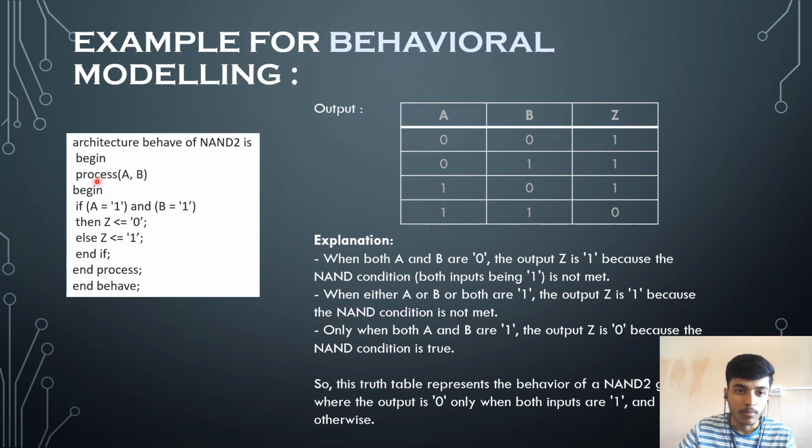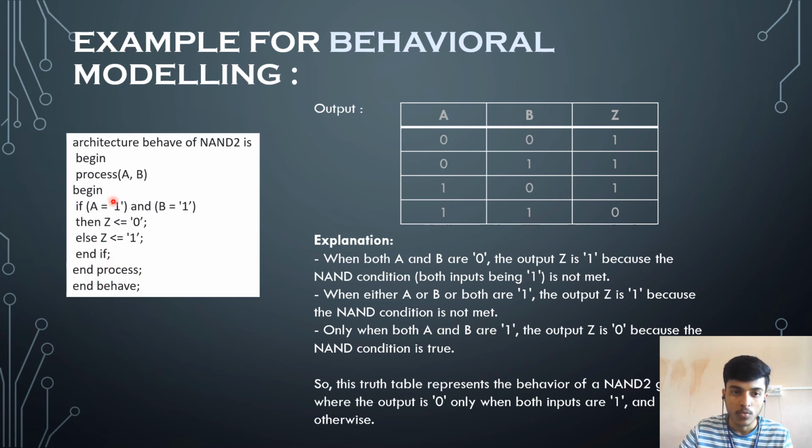The process on A and B begins: if A and B both are 1, then only Z is assigned 0, as in the truth table. Else assign Z to 1, and end the if block and end the process.